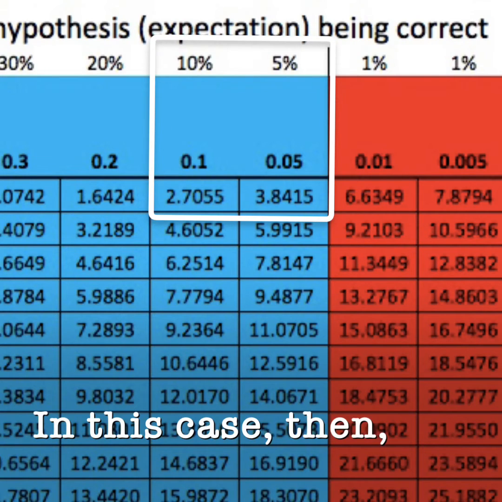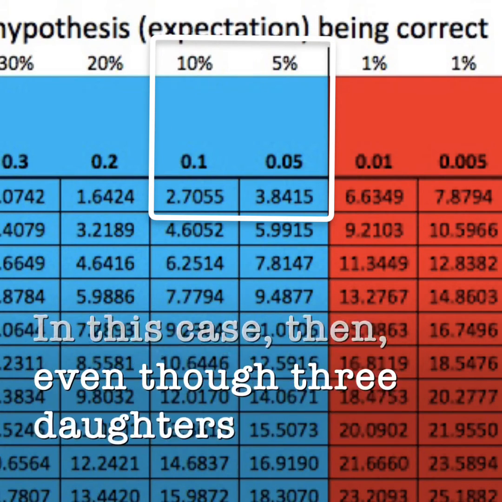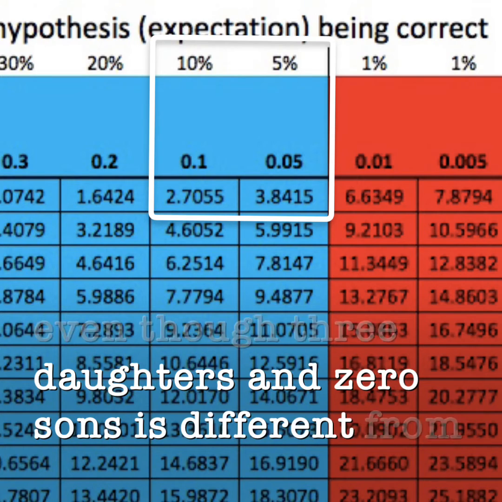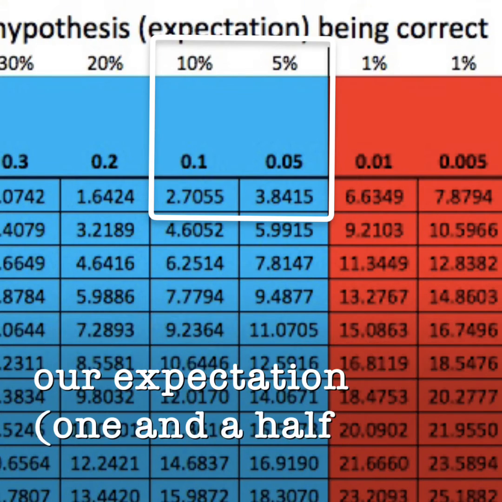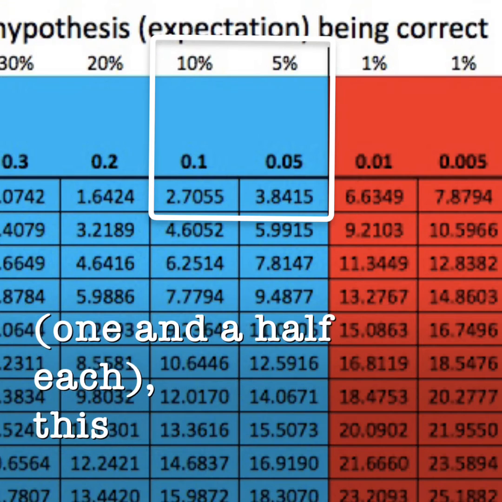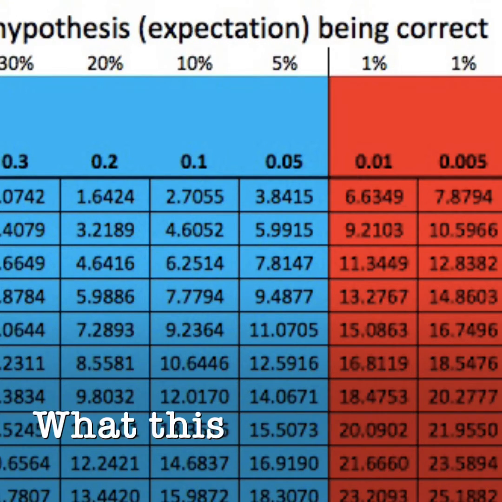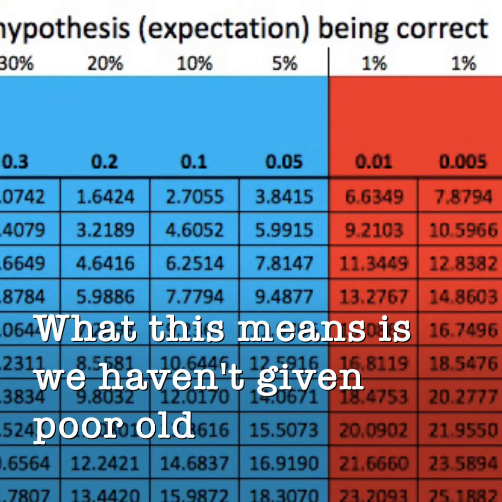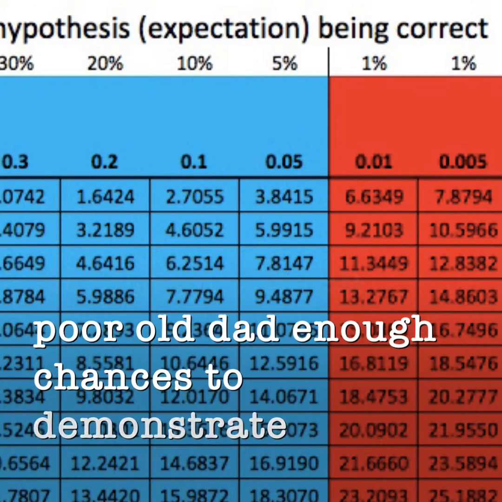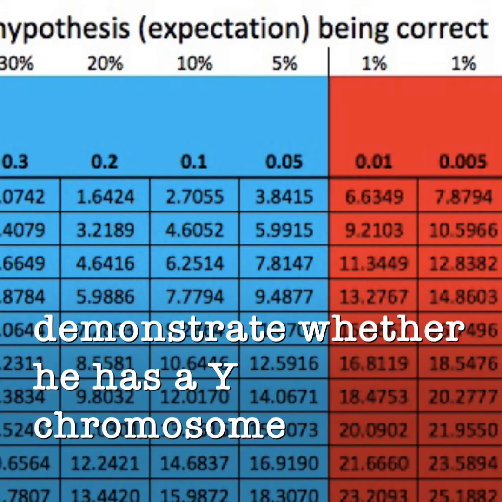In this case, then, even though 3 daughters and 0 sons is different from our expectation of 1.5 each, this is not a significant difference. What this means is we haven't given poor old Dad enough chances to demonstrate whether he has a Y chromosome.